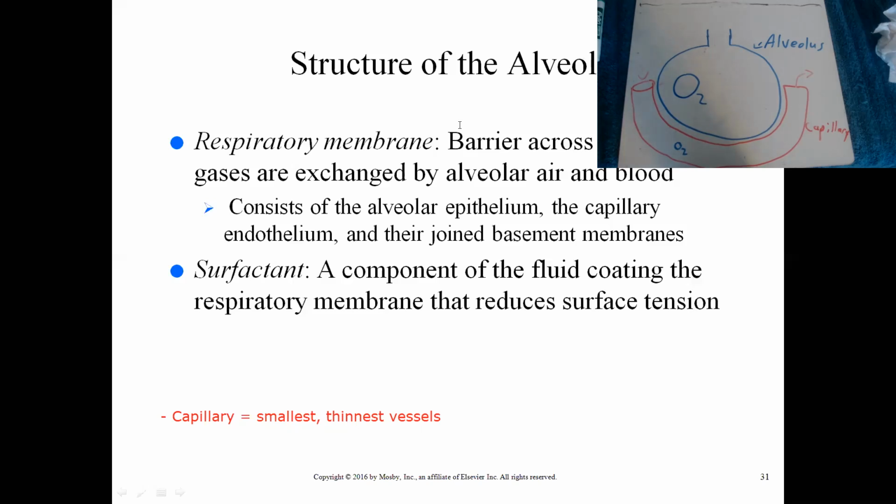And there's also carbon dioxide. For carbon dioxide, there's relatively little in the alveolus, but lots of carbon dioxide in the blood coming in.